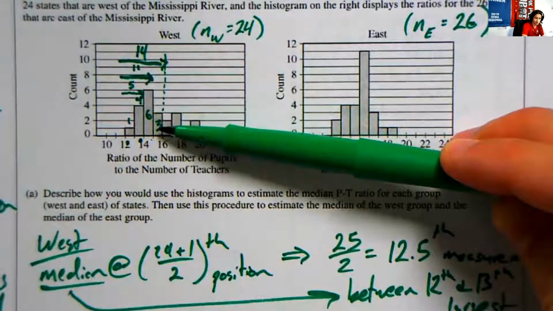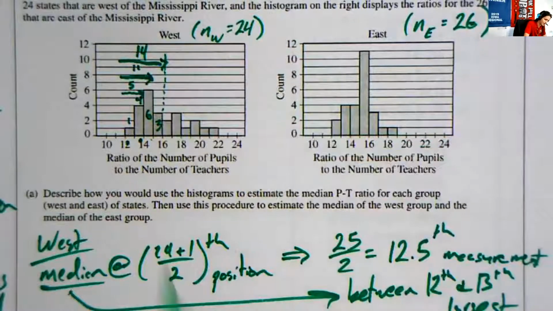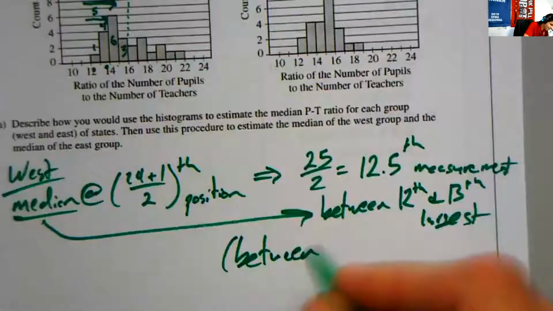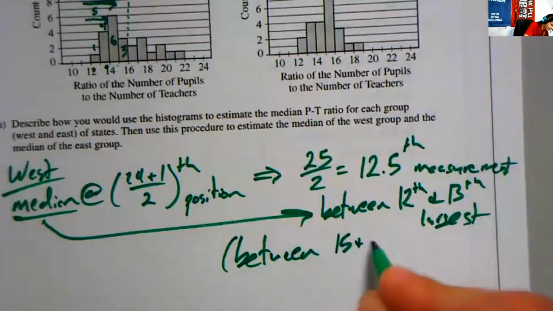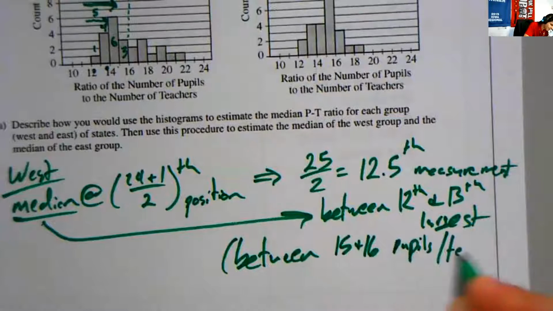The 12th largest measurement's in there. The 13th largest measurement is in there. And so necessarily the 12.5 largest measurement, which wasn't a real measurement, lives in there as well. So where's that going to be? That's going to be between 15 and 16 pupils per teacher.